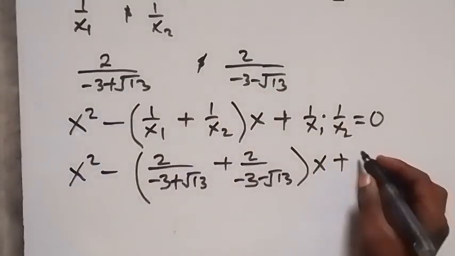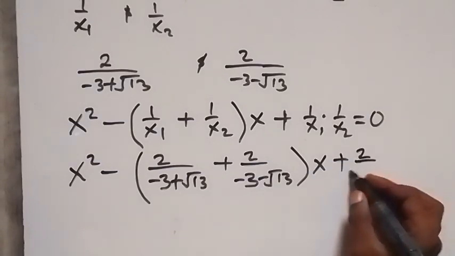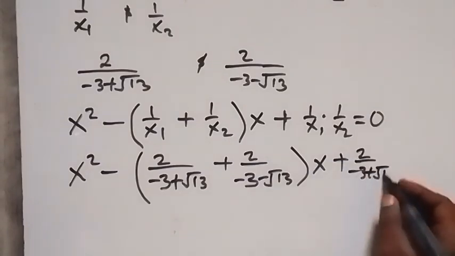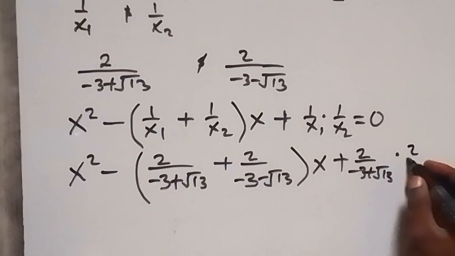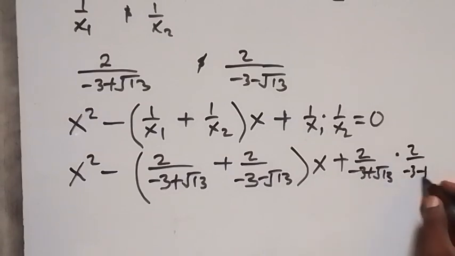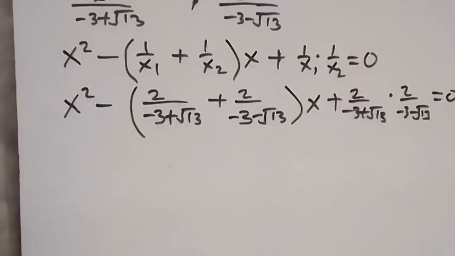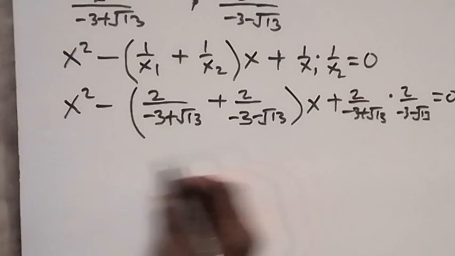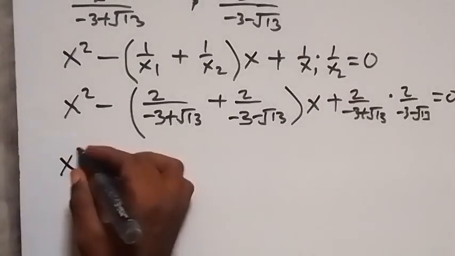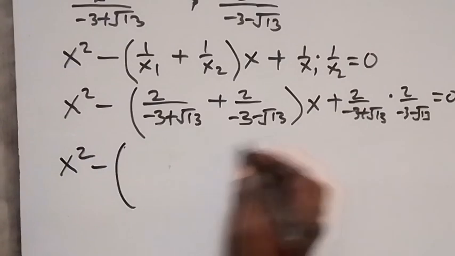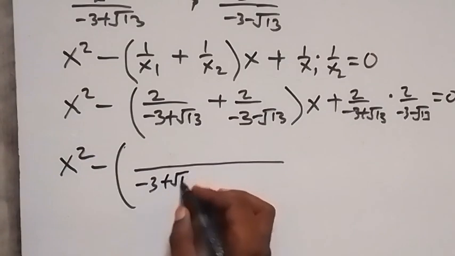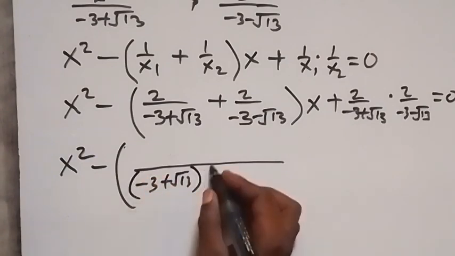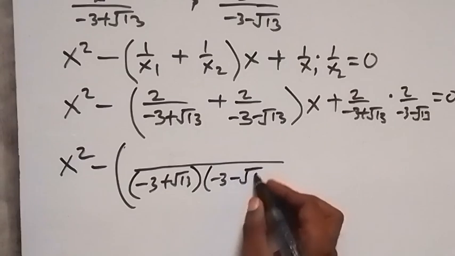We multiply the roots, then we have 2 over minus 3 plus root 13, multiplied by 2 over minus 3 minus root 13, then equals 0. Then from here, we can simplify what we have, and this will give us x squared minus, here we have the LCM as minus 3 plus root 13 multiplied by minus 3 minus root 13.